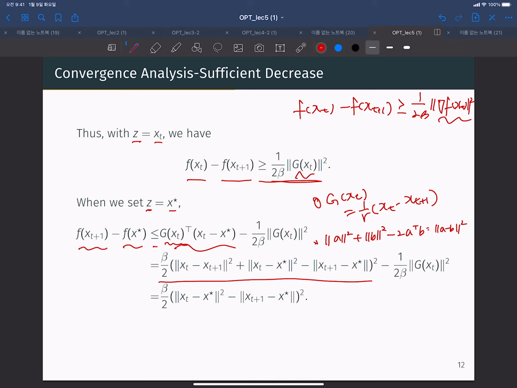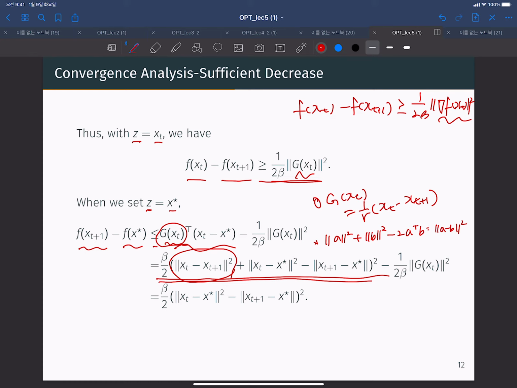So as we did in the vanilla analysis for the gradient descent approach, from this generalized gradient, we can write down this. Okay, and also from the definition of G(x_t) again, we can replace this term by gamma times G(x_t).